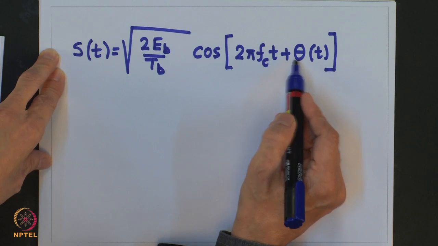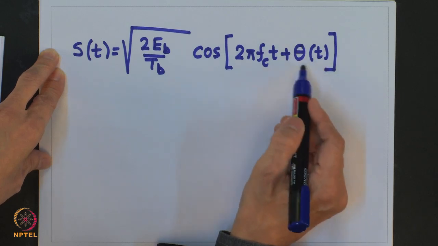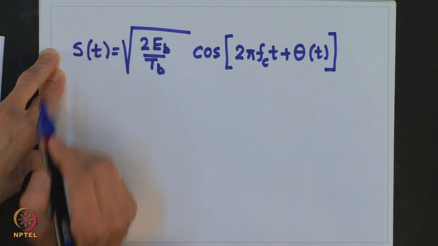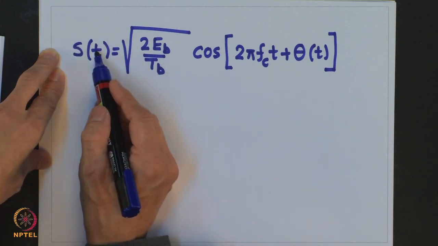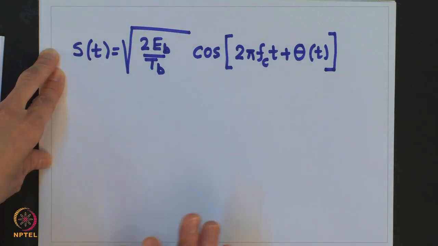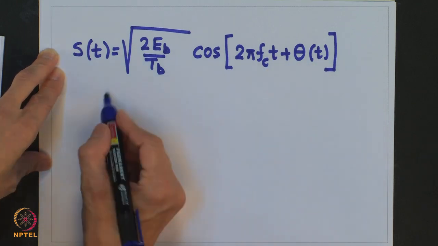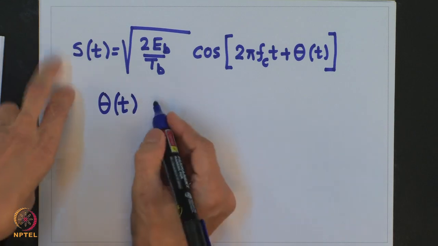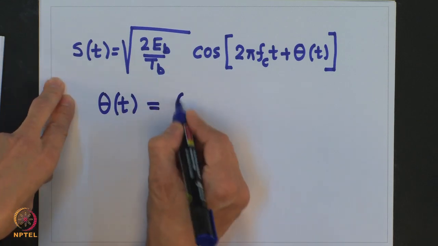So, when the phase theta is a continuous function of time, we find that the signal s(t) itself is continuous at all times, including the interbit switching time. And let us select theta(t) as follows.